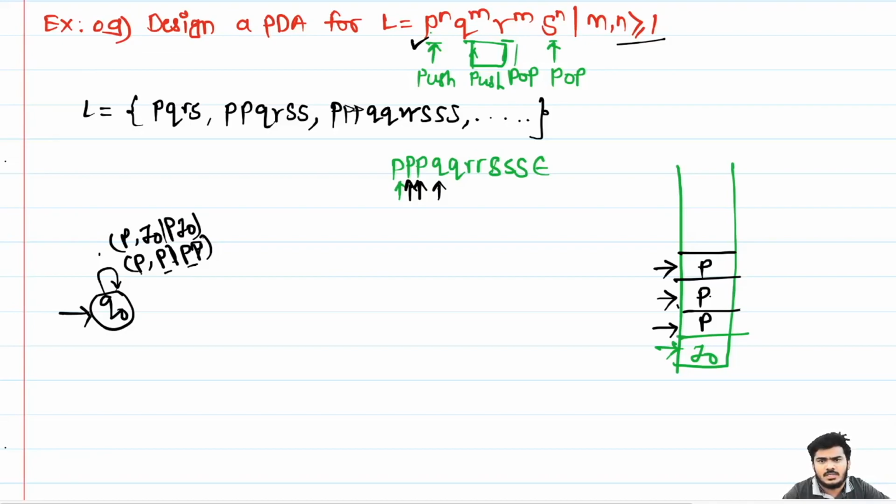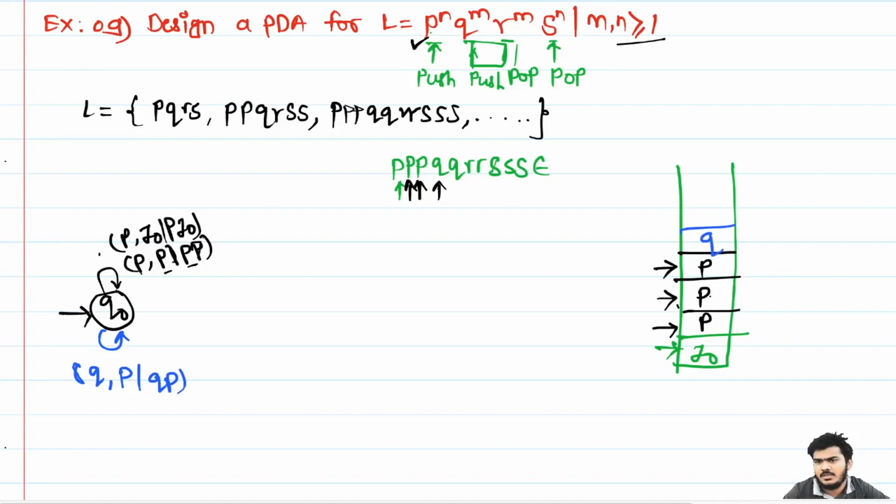So for this we will write a transition within the same state only, because it will not create a problem, because whenever the input Q comes, definitely the top of the stack is P only. So when Q is the input and the top of the stack is P, I have to insert that Q into the particular stack, so it will become QP.